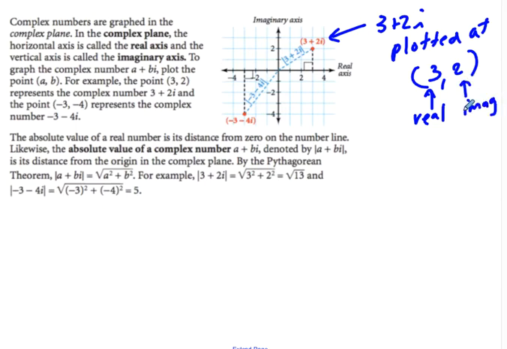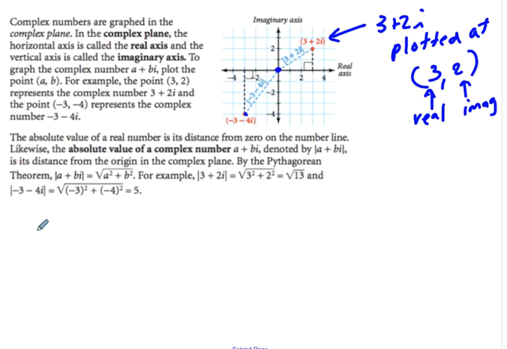The i is what makes it imaginary. It has 2 of those imaginary units. So you can see that's the example of how you graph these. The absolute value of a real number is its distance from 0 on a number line. Similarly, the absolute value of a complex number is the hypotenuse of this triangle. It's the distance from this point to the origin. So essentially, it's just Pythagorean theorem, right?